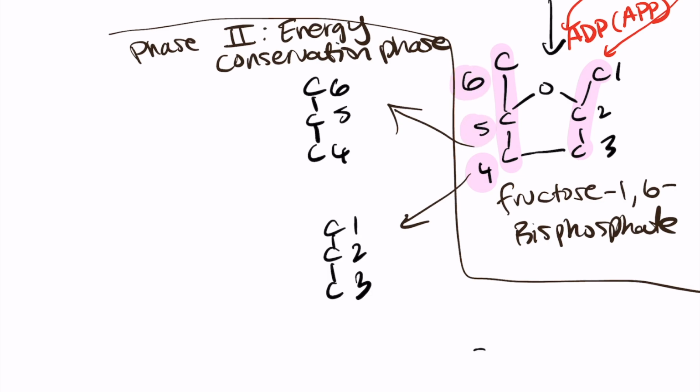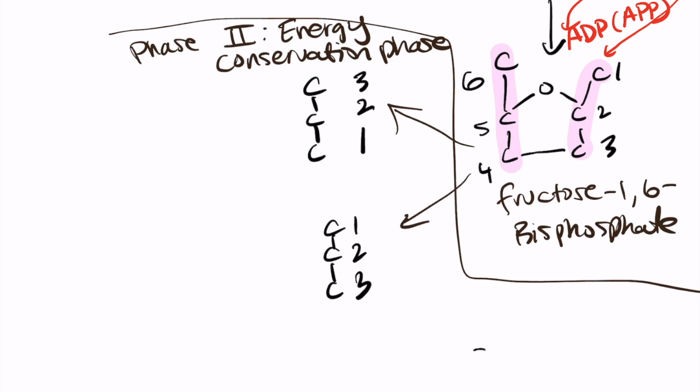So you're going from small number to large. 4, 5, 6 changes to 1, 2, 3, because now we made 2 separate molecules here. So we're going to change these ones to carbon 1. Oh, yeah, carbon, sorry, 3, 2, and 1, right? So I'm going to erase this one so that you know now this is carbon 1 here at the bottom, carbon 2, and carbon 3.